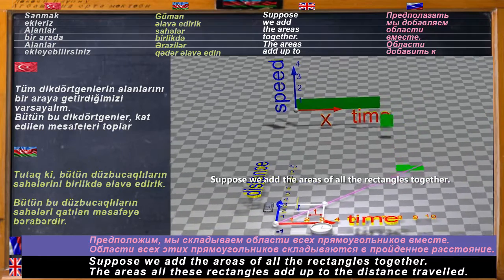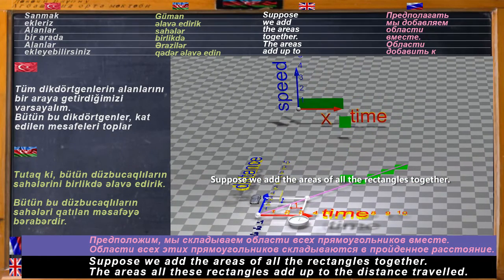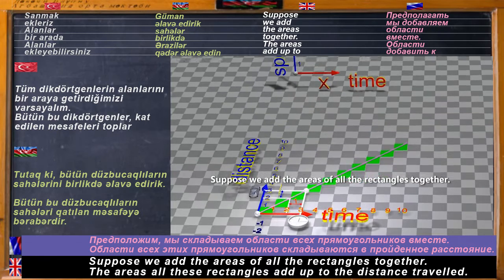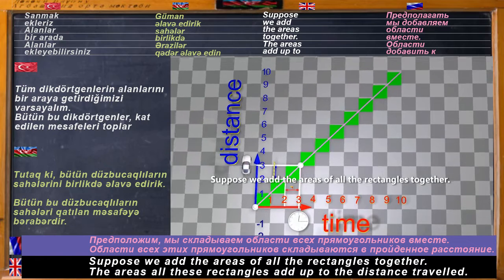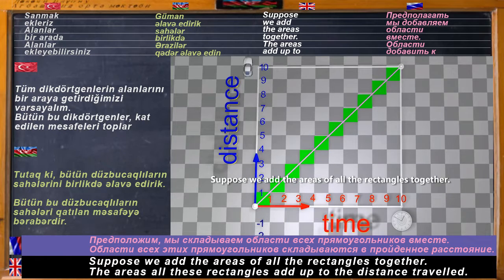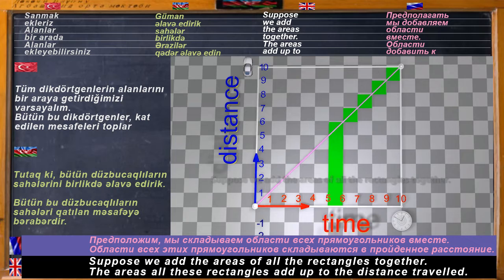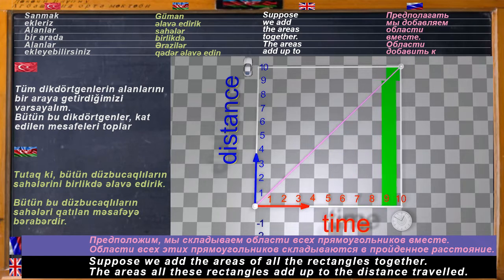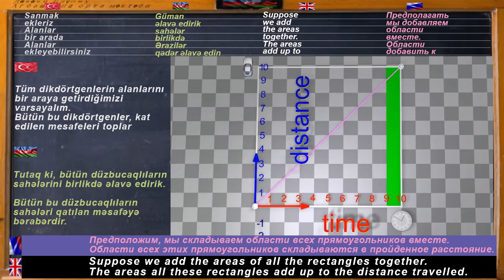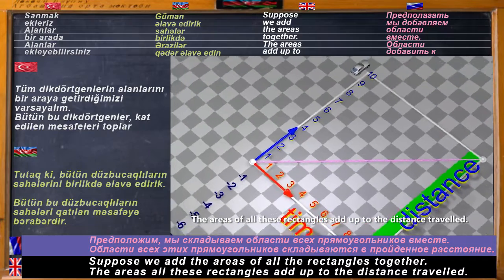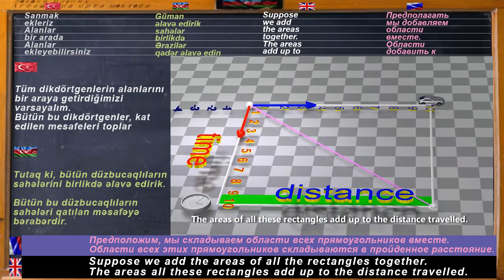Suppose we add the areas of all the rectangles together. The areas of all these rectangles add up to the distance traveled.